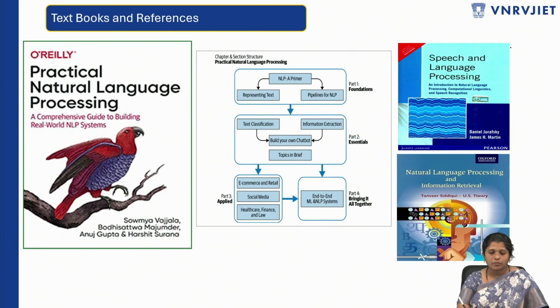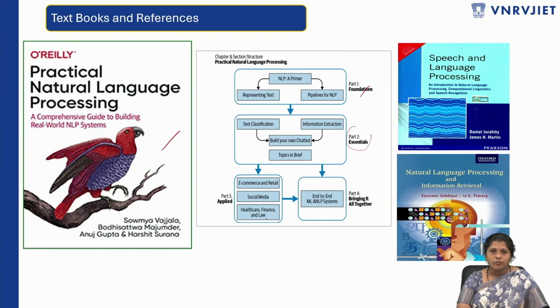Coming to the textbooks and references, we would suggest students to use Practical Natural Language Processing by Sowmya Vajjala and her peers, which is a good introductory book illustrating the basic concepts in terms of applications. The book is divided into three to four parts, where Part 1 illustrates the foundations. Part 2 covers the essentials required in terms of text classification and information extraction.